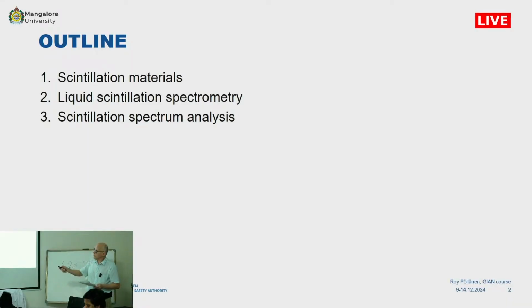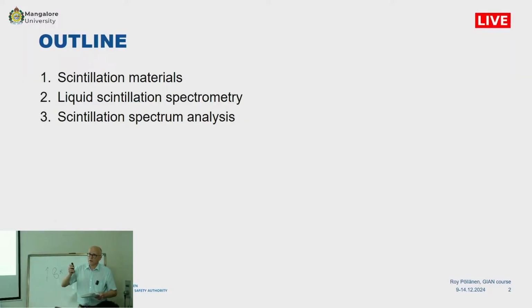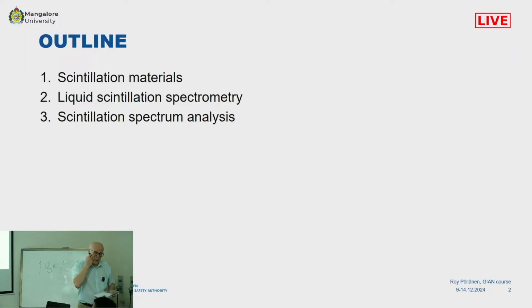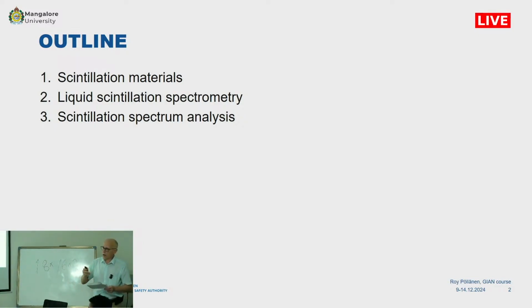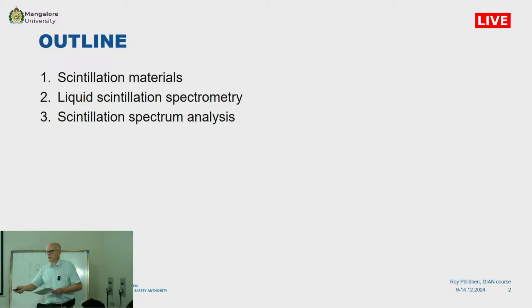At first, let's look at the scintillation materials, then liquid scintillation spectrometry. This liquid scintillation spectrometry, as told by Aria yesterday, can be used for beta spectrometry, but also for alpha detection too.